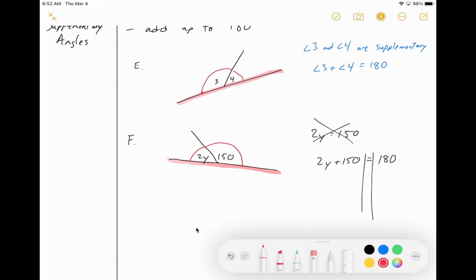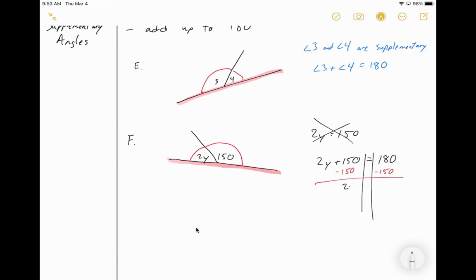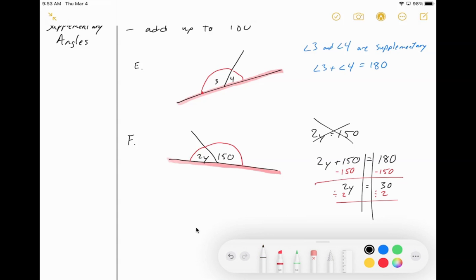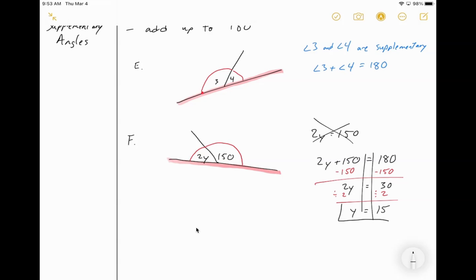I'm going to subtract 150 on both sides. I'm left with 2y is equal to 30. Last step, divide by 2 on both sides. Y is equal to 15.